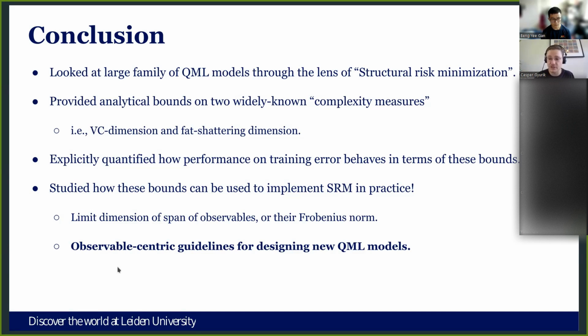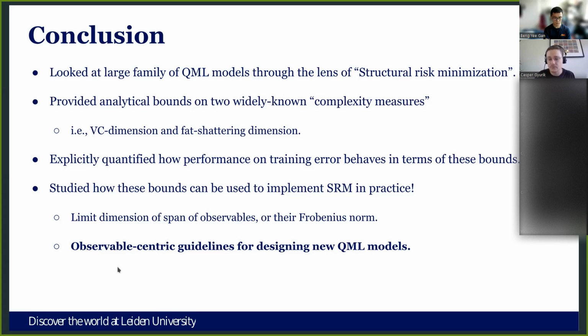These two complexity measures are the ones that we chose. We explicitly quantified how performance and training errors behave in terms of these bounds. And we studied, for these two specific, most well-known models, what do we learn? What do we tune? What do we identify as important properties of the model?